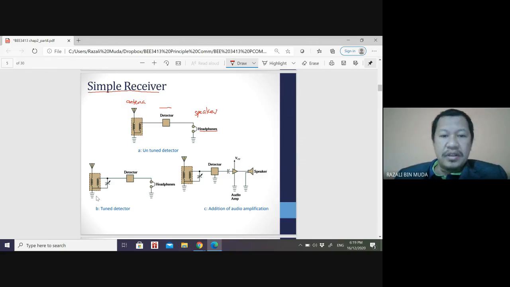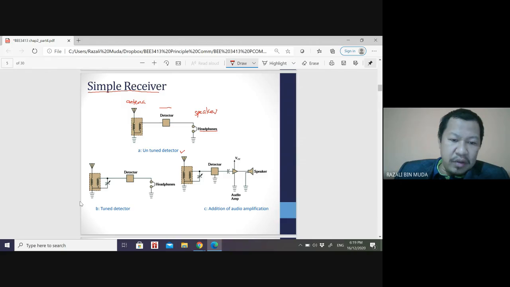This is called an untuned detector. You have antenna, detector, and speaker. Very simple. Then next you have the second one.